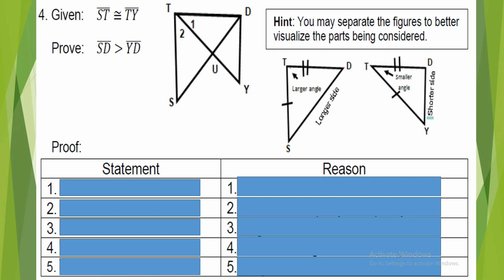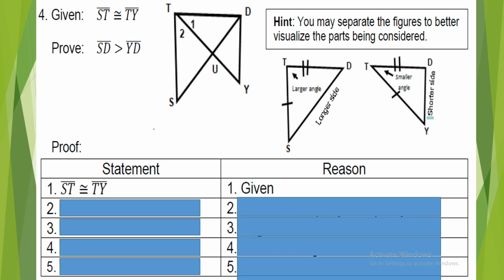So we have here triangle TDS and triangle DTY. This is the larger angle and this is the smaller angle. So for our first statement, of course, we have the statement from the given, that is segment ST is congruent to segment TY. We have these two sides.